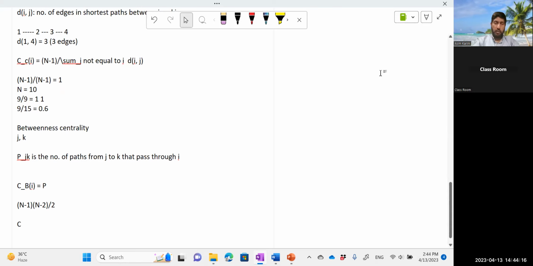So then the definition becomes B equal to the sum of P_JK divided by the normalization, which is basically n minus 1, n minus 2, and then the 2 comes up on top.